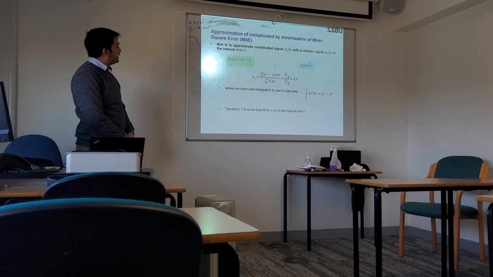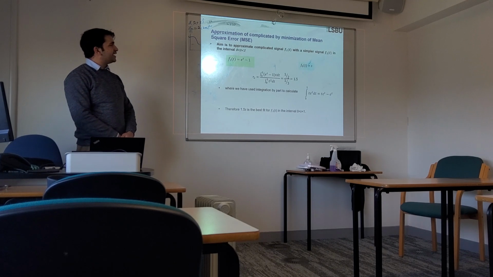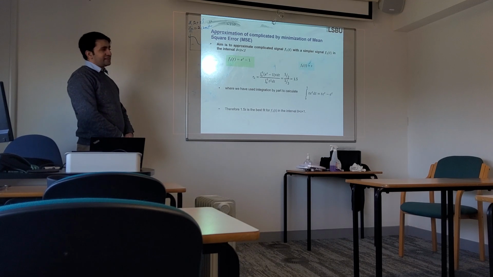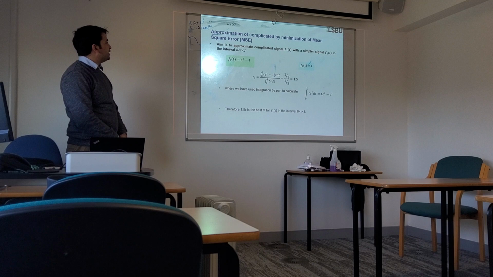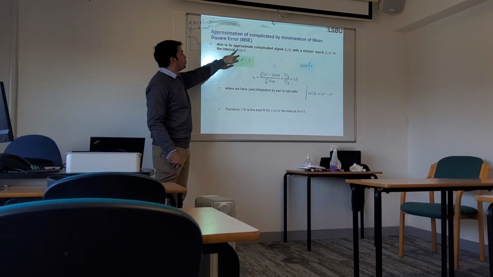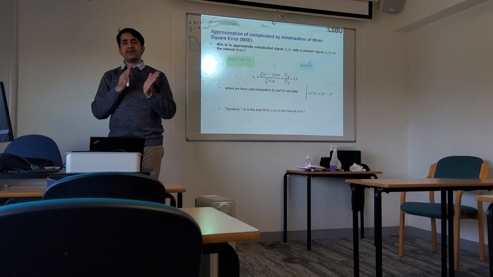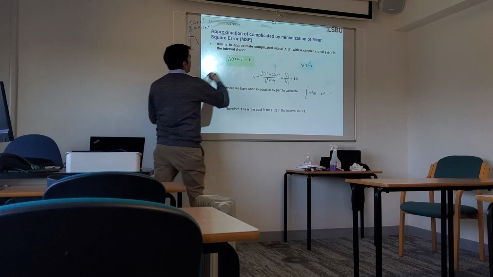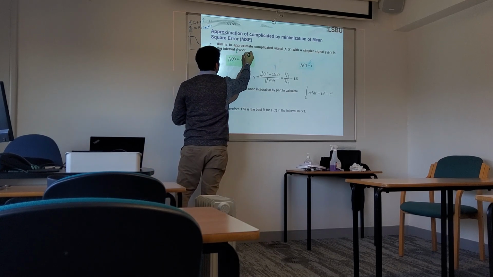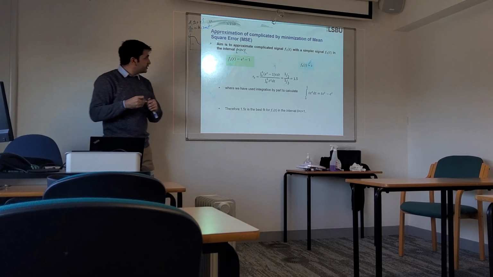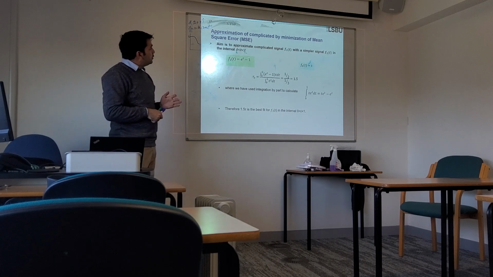So here the aim is to approximate a complicated signal f1 of t with a simpler signal f2 of t in the interval 0 to 1. It means that we have our t1 here, and t2 is this. So we have to approximate within this limit.